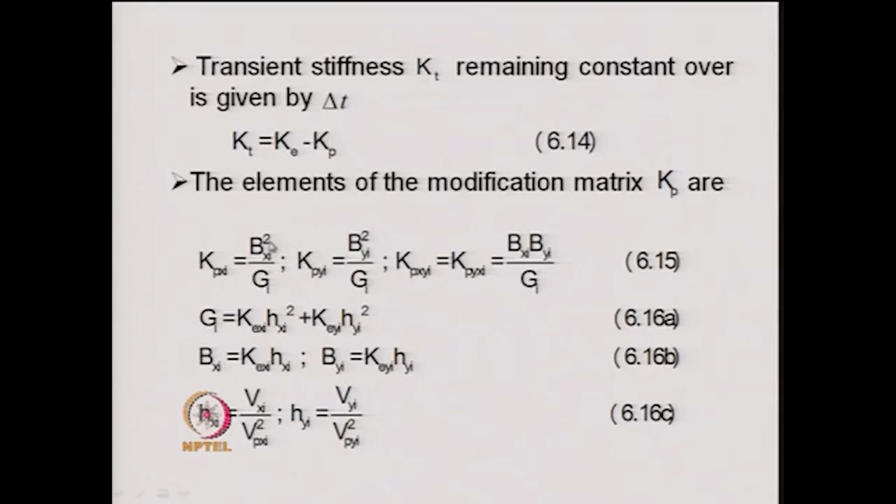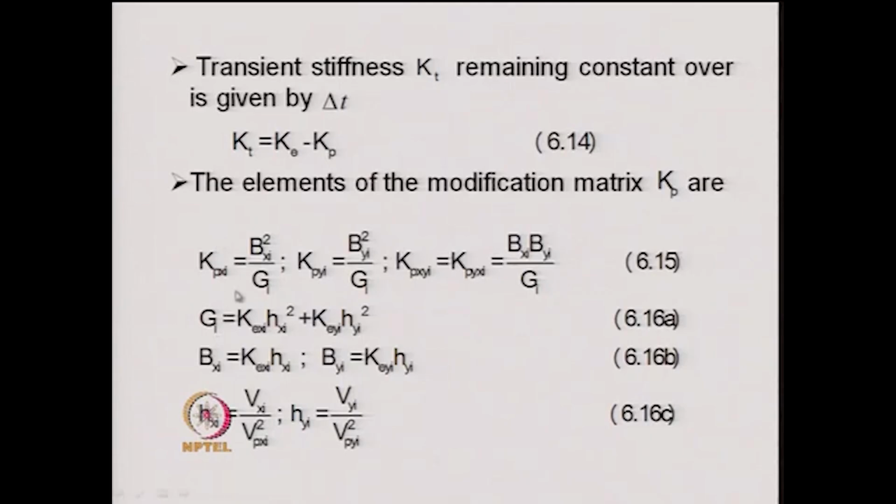Now, the elements of the Kp matrix can be calculated using this formula. These formulas are proved in, and available in, many of the papers dealing with the plastification of 3-dimensional frame systems, in which bidirectional interaction comes into the picture.